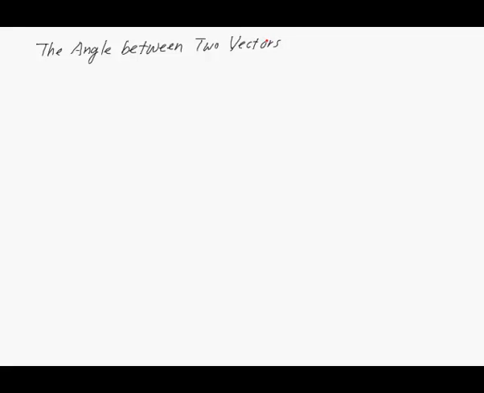And suppose we have the vector A and then vector B, and let's draw them in the rectangular plane.